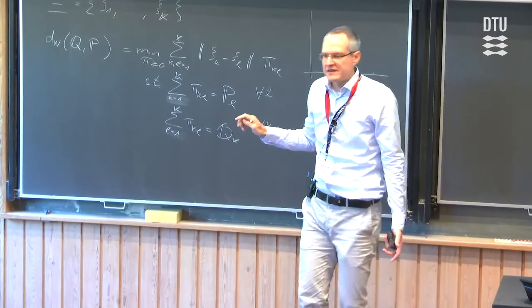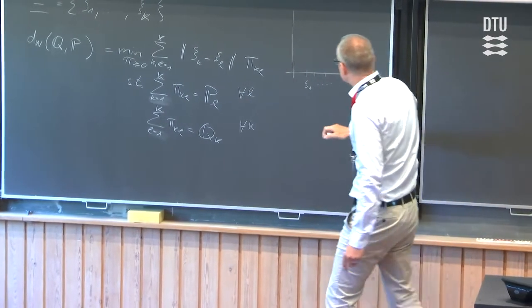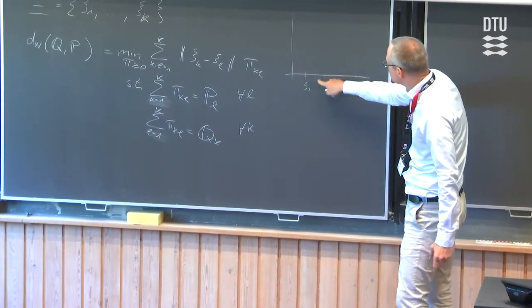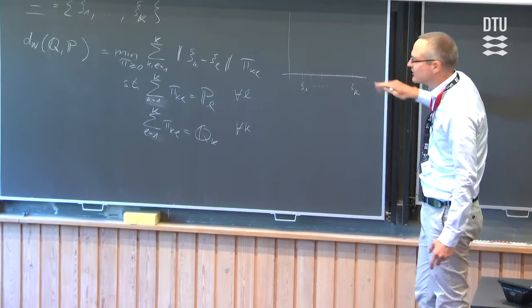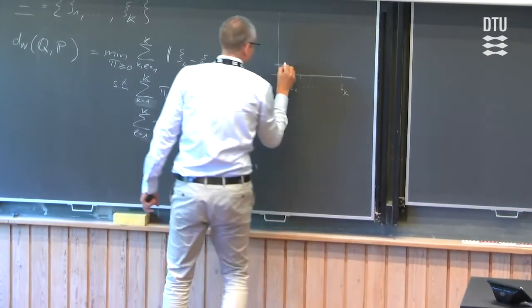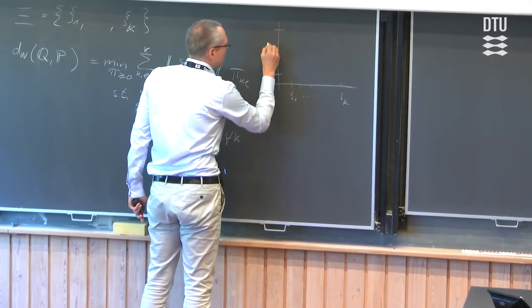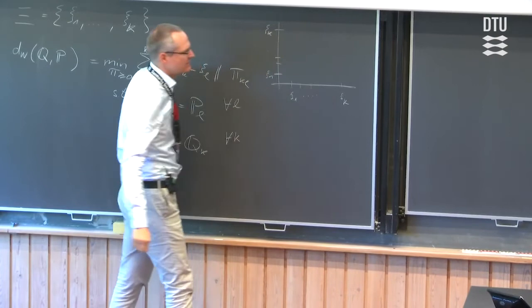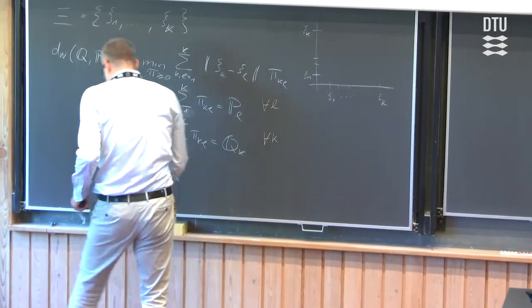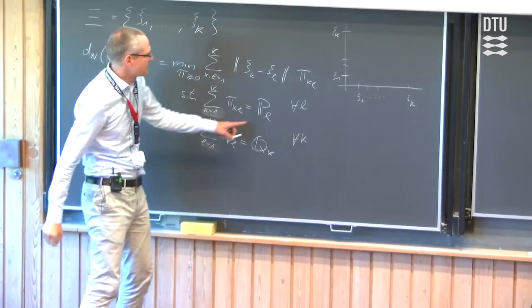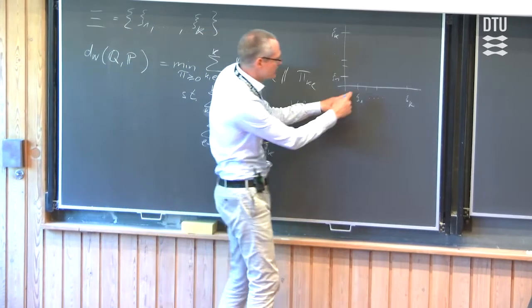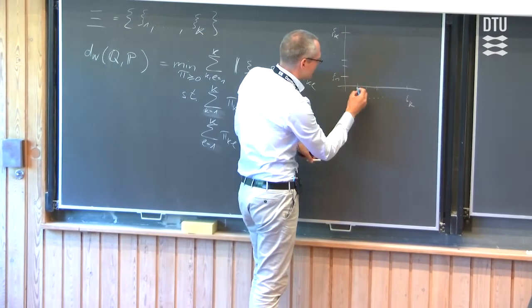Yeah? So actually what I can do is put my discretization points on the horizontal axis here, and I can also put them on the vertical axis, so xi1 up to xi k, right? And basically you can think of PL as the distribution of these xi's.